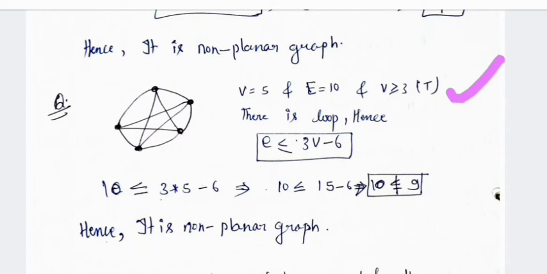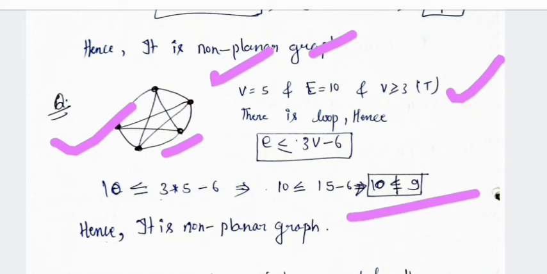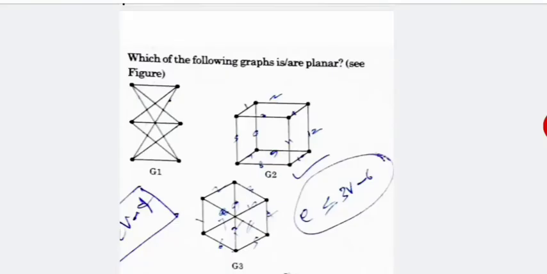Now all the edges are intersecting each other, so we use the first case, e less than or equal to 3v minus 6. After putting in all the values of e and v, we get 10 is not less than or equal to 9, which means it is not a planar graph, it is a non-planar graph.